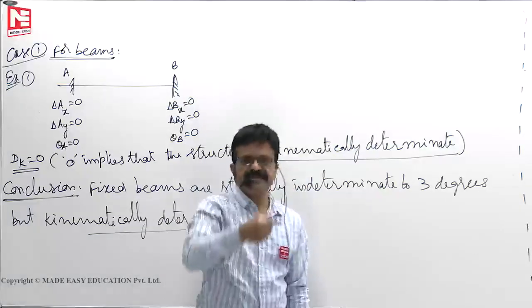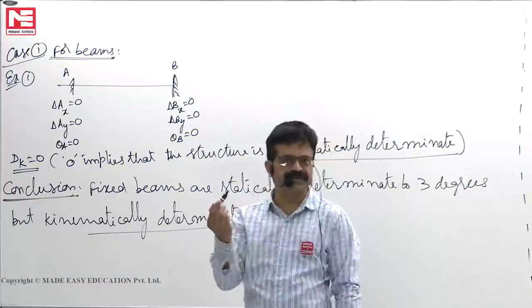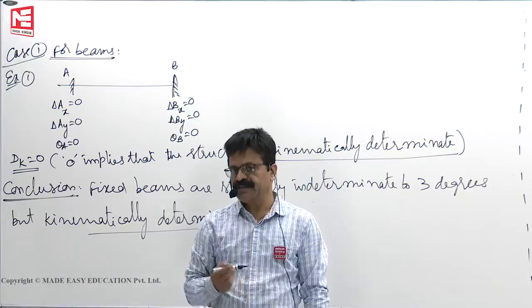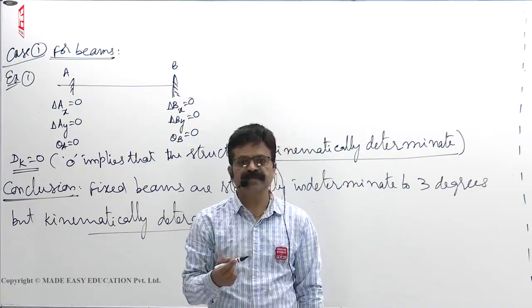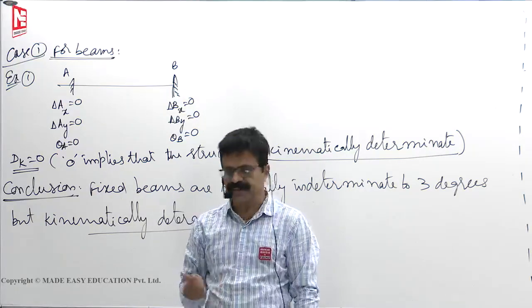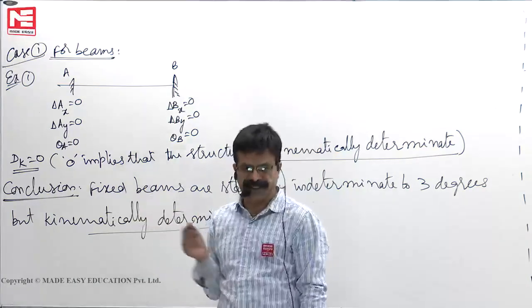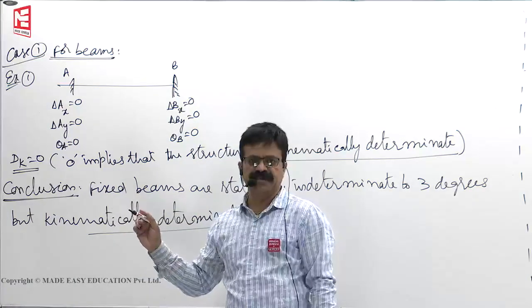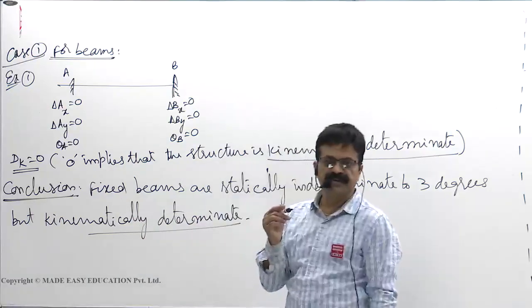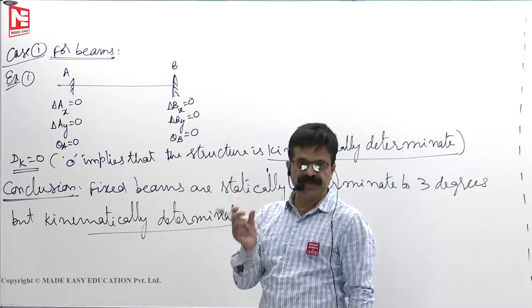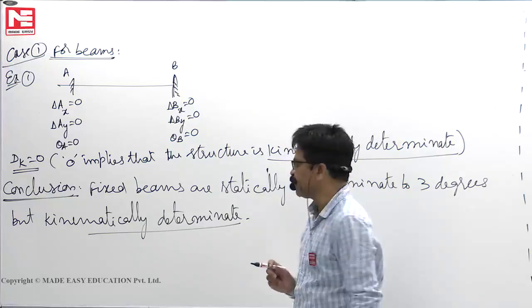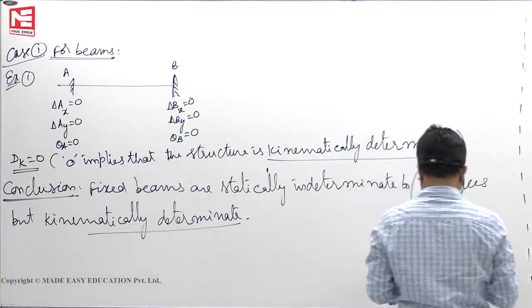So comprehensive statements they give you, then we have to take which of the options are correct. Fixed beams are statically determinate but kinematically indeterminate. Second one, fixed beams are statically indeterminate but kinematically determinate. Like that combined statement they give us, then you should be able to answer like this. For that you must know what is ds, what is dk, kinematically determinate.